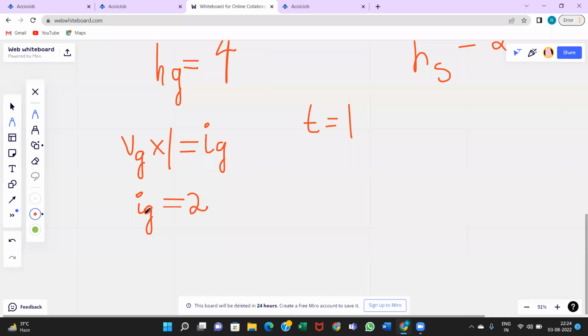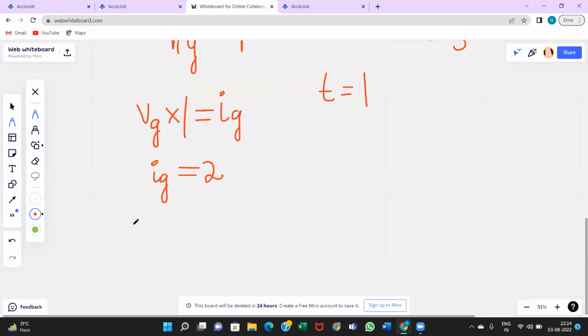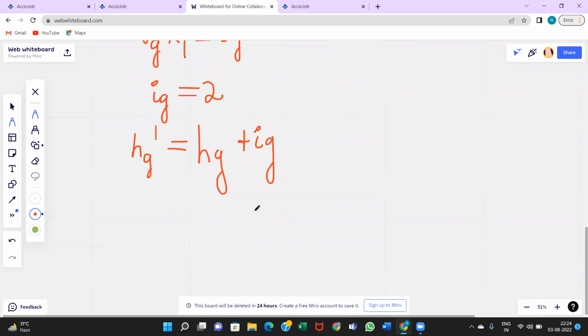right? So now his total height becomes the new height. I'm denoting it by HG dash. HG dash will be equal to HG, the original height that we have, plus IG. Is this clear to you? Any doubt here? Anyone? All right. So the original height is 4 and we add 2, so it will become 6.